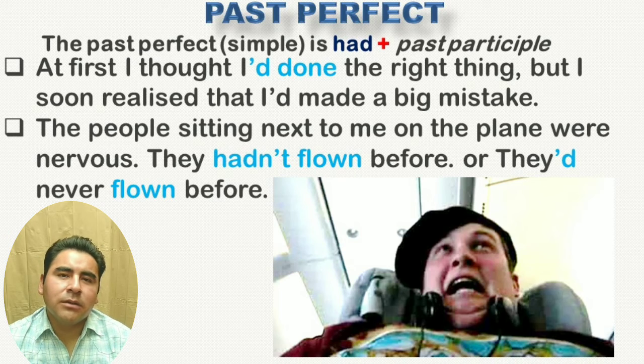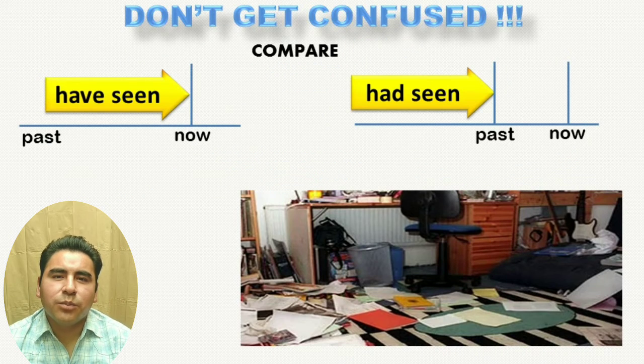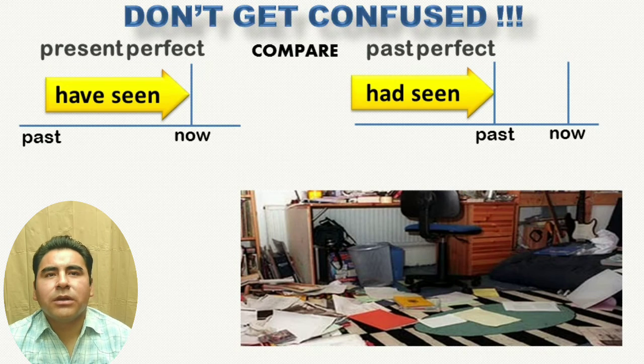Okay, let's continue with the next example. But please, in order to finish, don't get confused between present perfect and past perfect, because we can compare over here. Look at this one. If we analyze a little bit the present perfect, the action started somewhere in the past, but the action still continues.